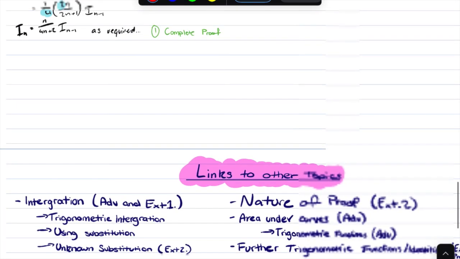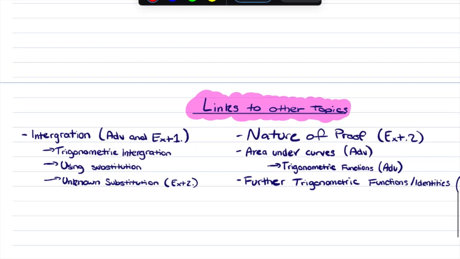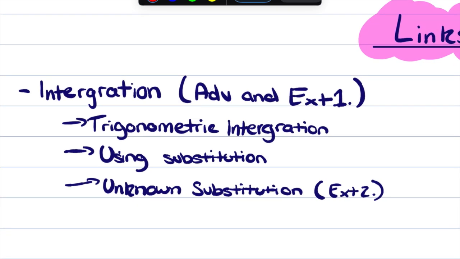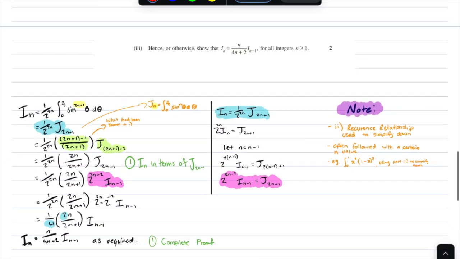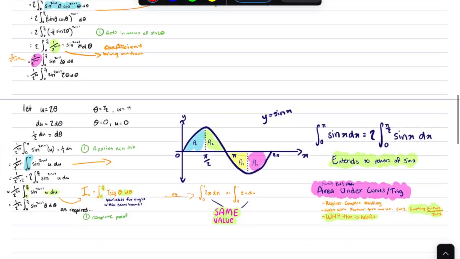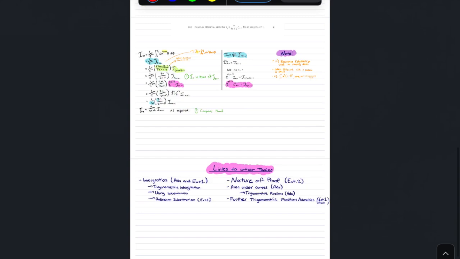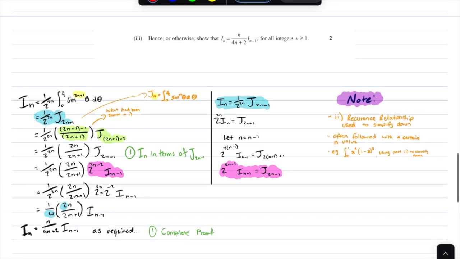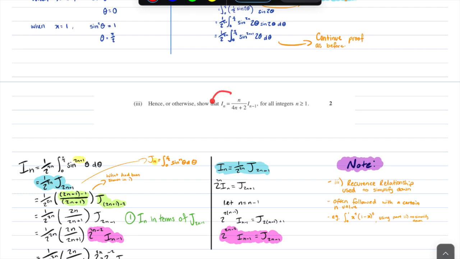Linking to our other topics, there's a heavy reliance on integration from Advanced and Extension 1, particularly with trigonometric integration, using substitution, and in Extension 2, using the unknown substitution as what we had to use in part A with our U value here. We can see that this would also relate to the nature of proof topic, and all these questions are asking us to build from the recurrence relationship to find the answer.